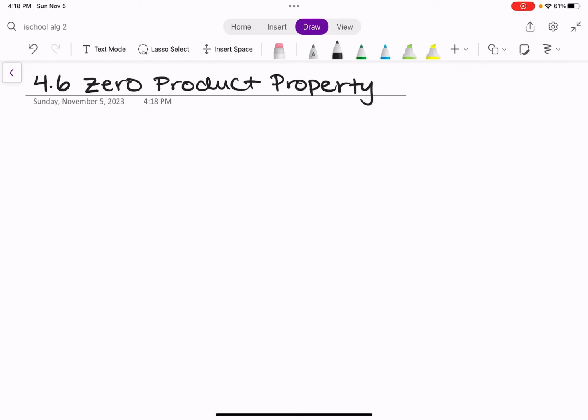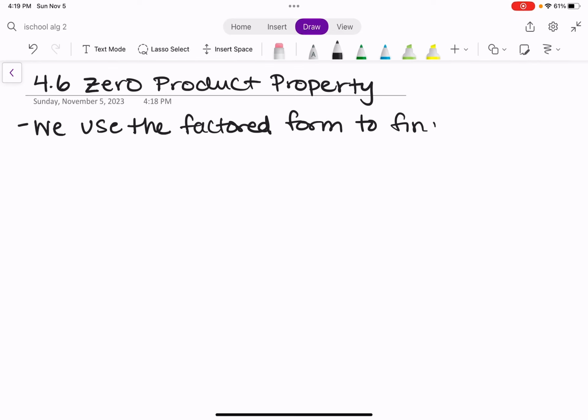So we're gonna learn now how to actually solve quadratic equations, also known as finding the x-intercepts, okay? So we use the factored form to find the x-intercepts.